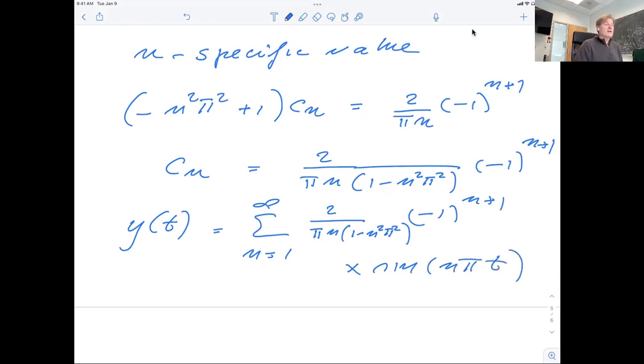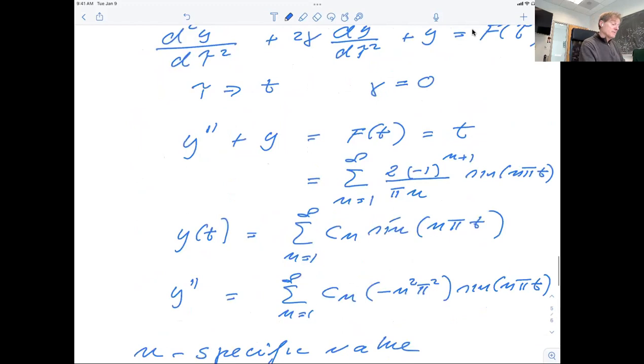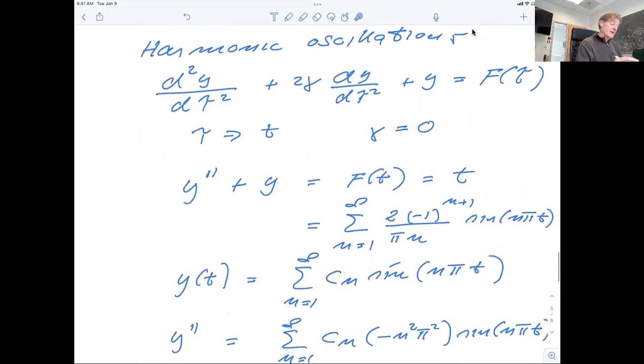So Fourier analysis is an extremely powerful way to solve differential equations related to oscillations. By using the orthogonality of the cosine and the sine functions, we can find these coefficients a of n and b of n.